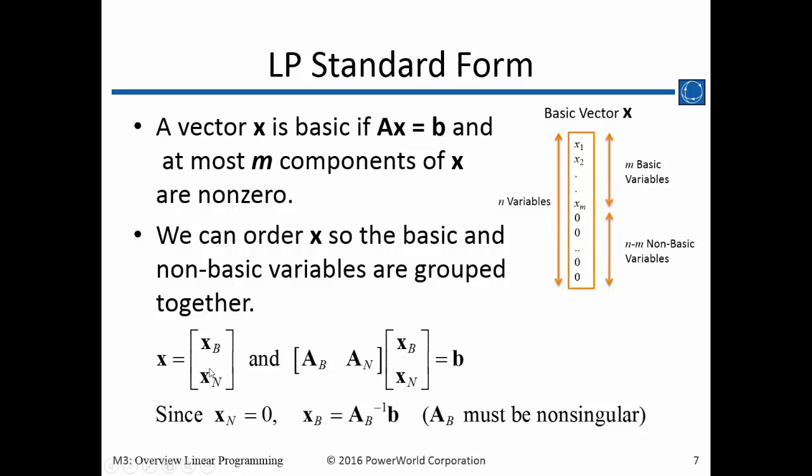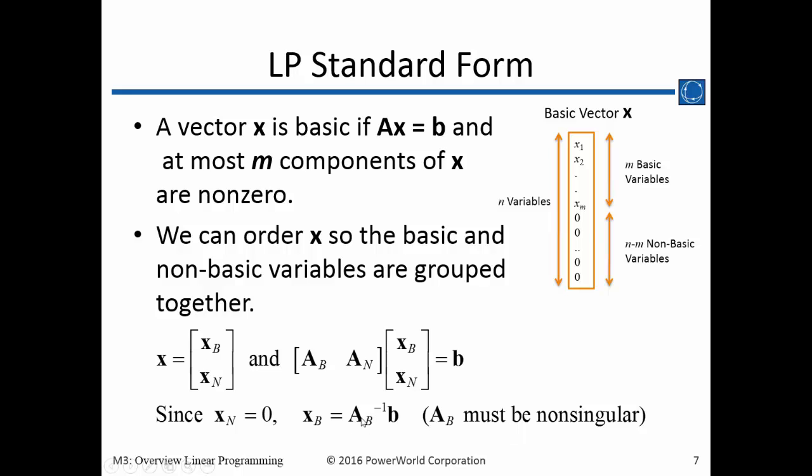So what the algorithm does is it arranges the variables in the matrix so that you've got basic components in one partition of the matrix and non-basic components in the other. And it's saying that the basic component of the A matrix must be non-singular, which means that you can invert it.